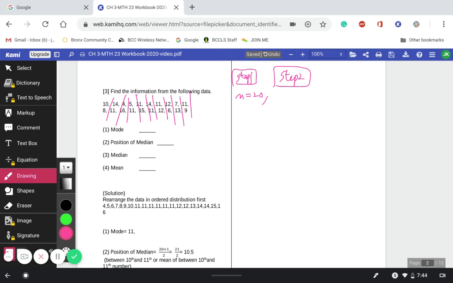So what is the smallest number? Smallest number here was 4. Okay. So I'm going to cross out 4. And then 5, 5, 6, 7, 8, 9, 10.